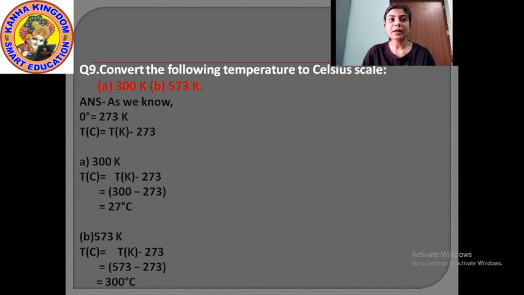The first one is 300 Kelvin: temperature in Celsius is equal to temperature in Kelvin minus 273, that is 300 minus 273, so the answer is 27 degrees Celsius. For B, the temperature is 573 Kelvin, and the solution is 573 minus 273, which is equal to 300 degrees Celsius.